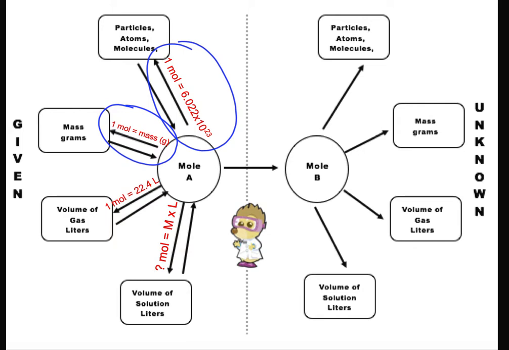I think this was one that we added a little bit later when we started talking about gases, is that we have these things that allow us to convert from something we can observe in the real world, something we can observe in the lab, to the mole, right? We can observe mass. We can observe the volume of a gas.